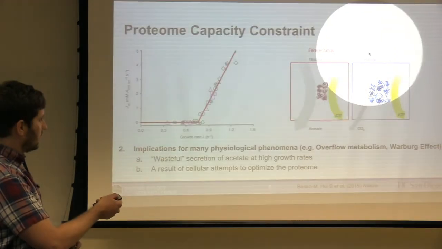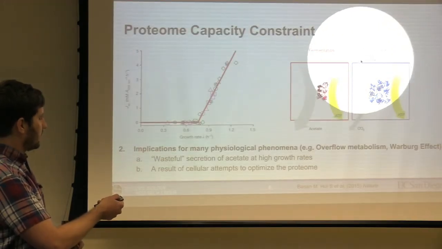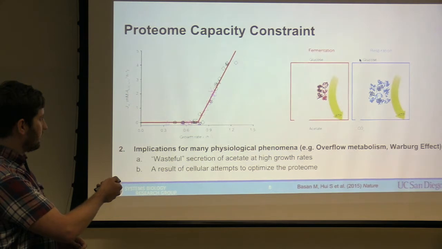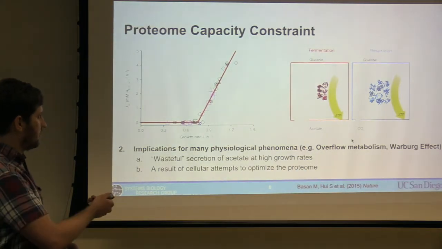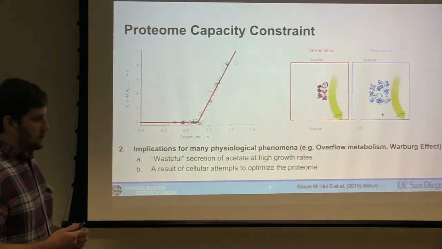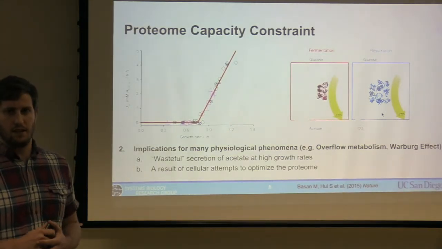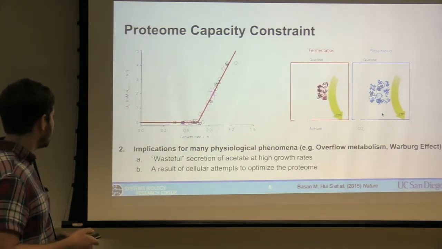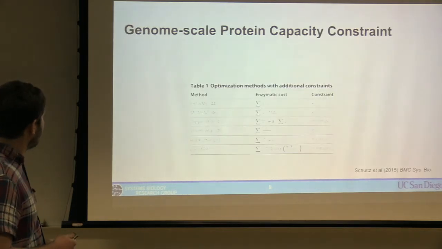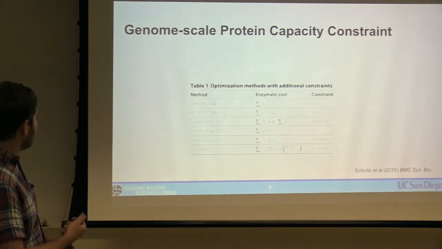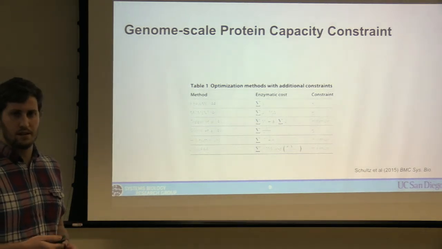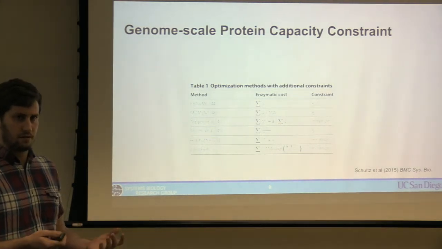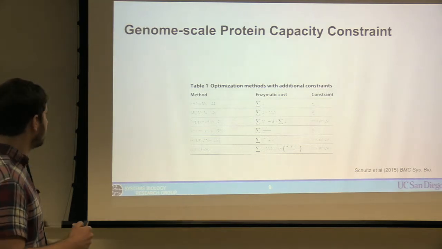Respiration, on the other hand, is efficient in the sense that it fully oxidizes glucose to CO2 and creates a lot of ATP, but there's a lot of protein investment in actually running those processes. So beyond ME models, there's a couple of approaches in the past that have been used to try to model the protein capacity constraints at a systems level.